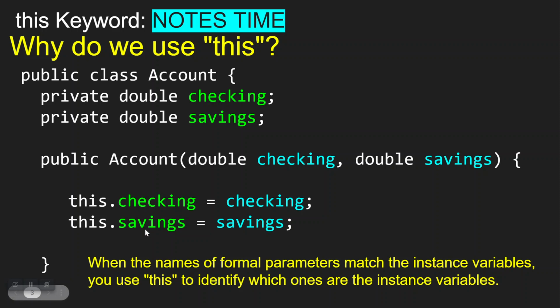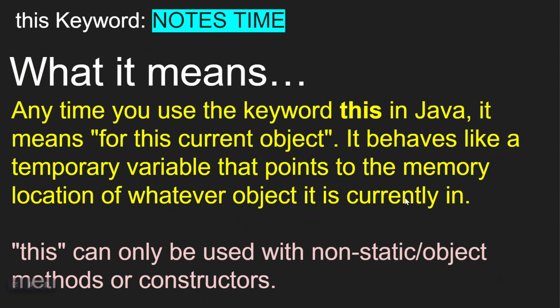And savings over here refers to our instance variable, whereas savings right here refers to our local variable. So we've already covered this one. You've already seen this one several times.